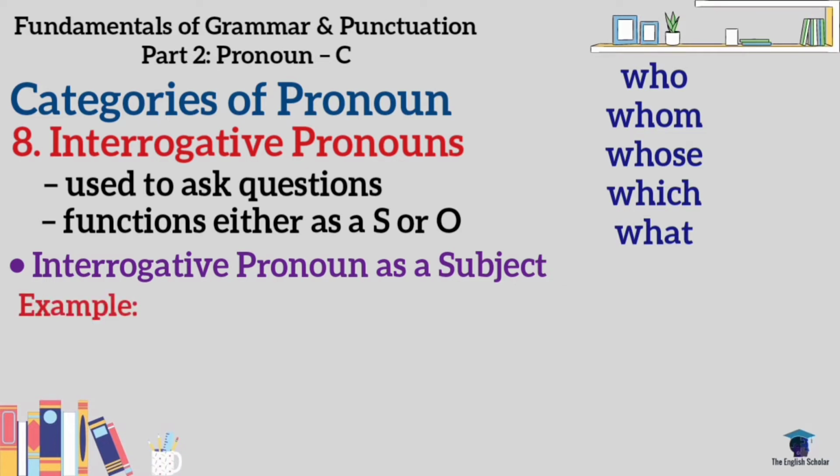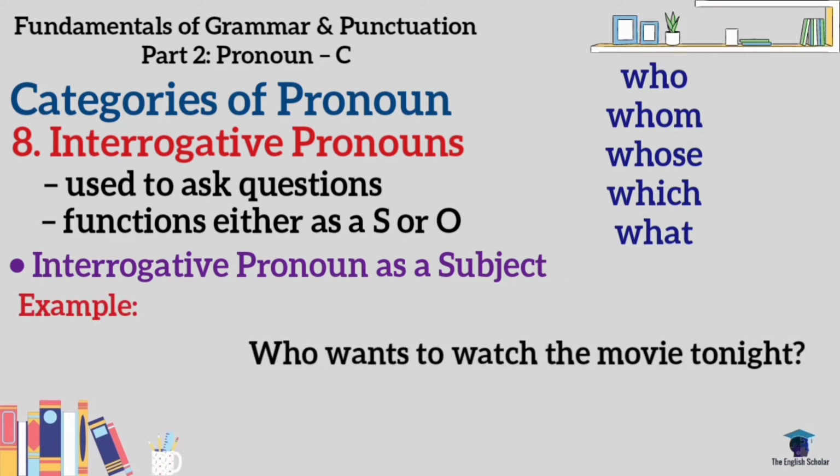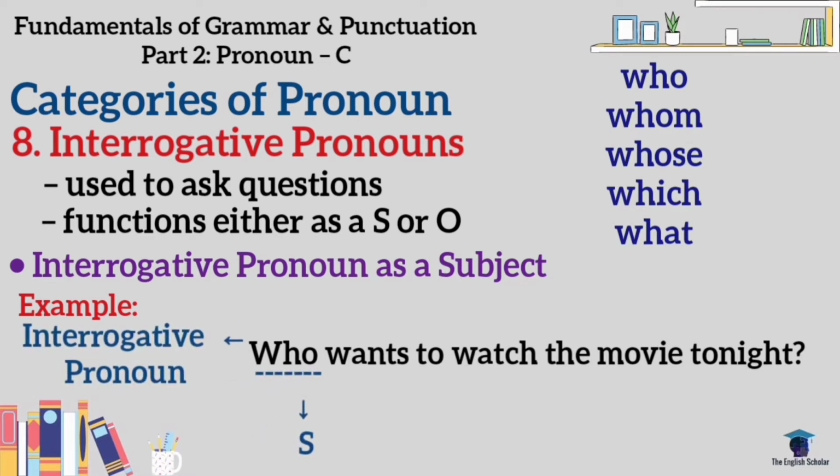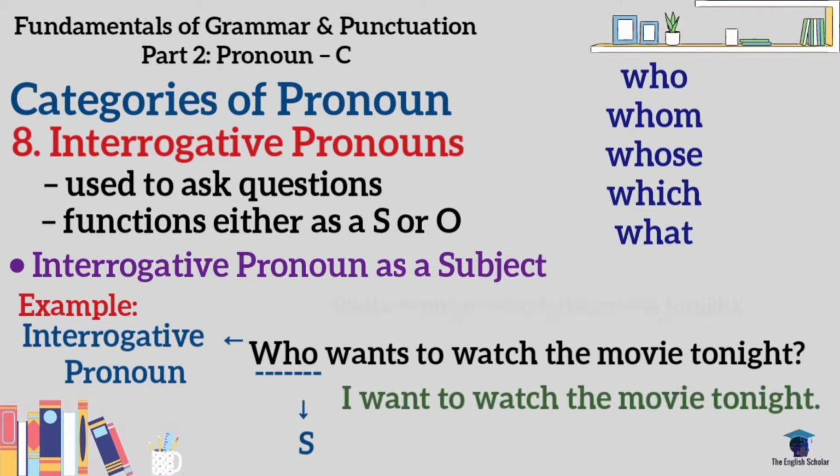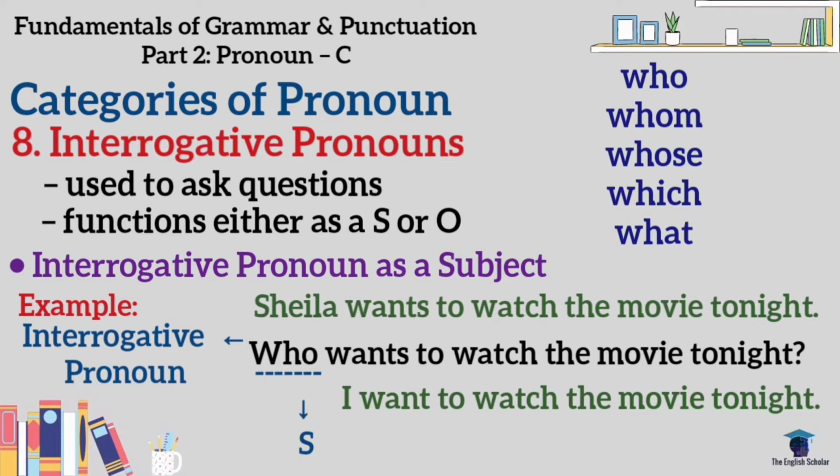For example, who wants to watch the movie tonight? In this sentence, who, our interrogative pronoun, is our subject. Why? Let's take a look. If you answer the question, I want to watch the movie tonight, or Sheila wants to watch the movie tonight, whoever wants to watch the movie, that person answers our question who.